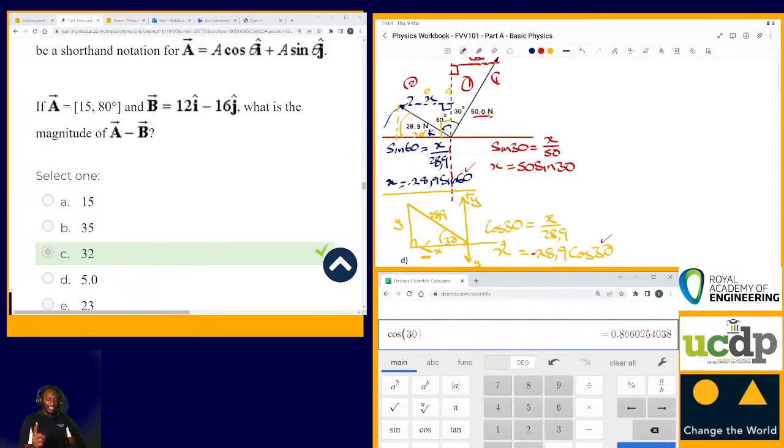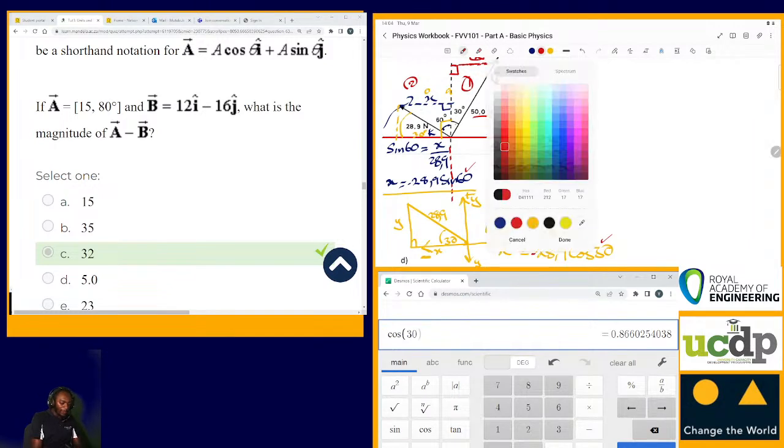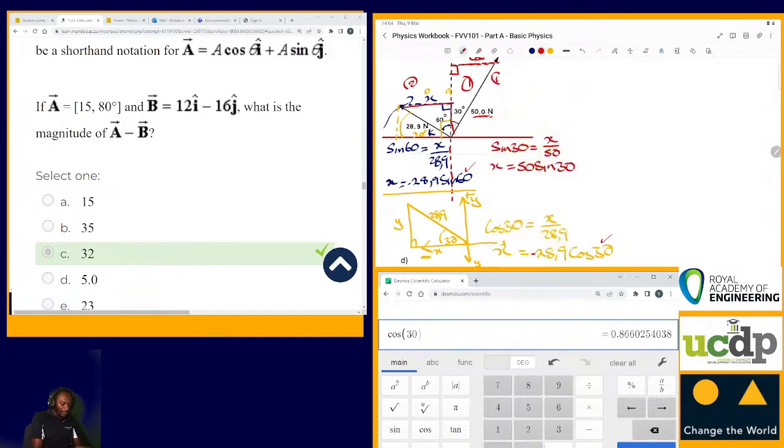So the point is you can form a right angle triangle in any way. You can either use this one, or you can use the one that we have put now, this one. Okay, so what you have to be careful with is the angle that you are going to use when resolving in the x direction.